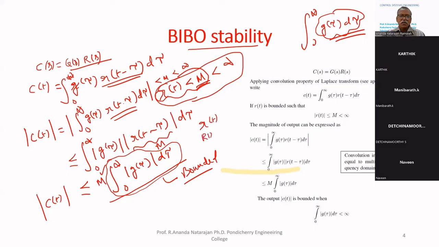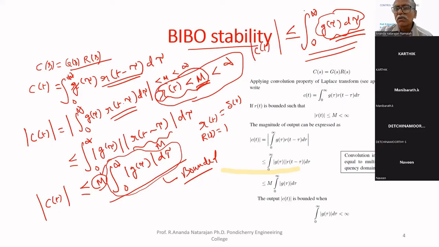For impulse input, R of t equals delta of t, then R of s equals 1. For that, it is the integral from 0 to infinity of delta of t. Let us assume that in that case, M becomes 1. So the modulus of C of t must be less than or equal to this.